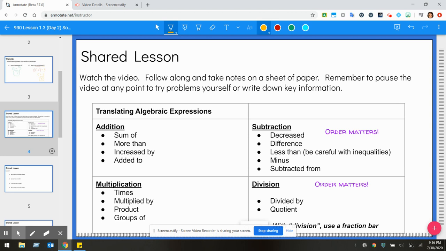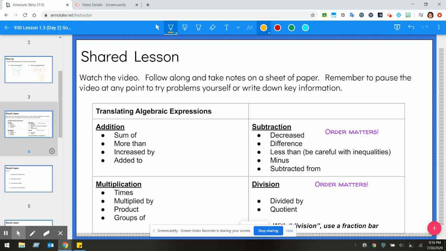When we are translating algebraic expressions or equations, there's some key words for addition, subtraction, multiplication, and division to look for. So if you see the words sum of, more than, increase by, added to, that should be a big indicator that you're going to use addition.